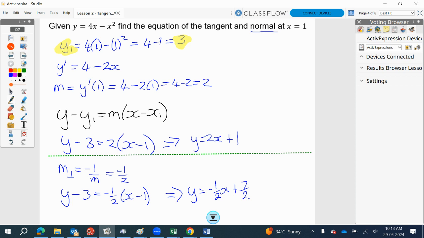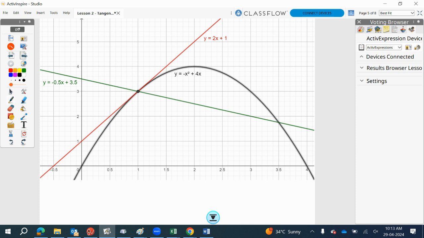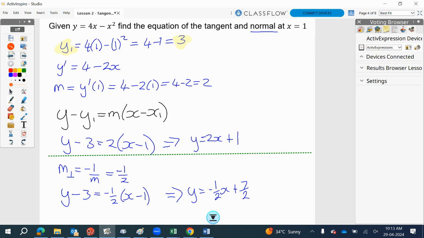This problem is solved graphically here. This is how it looks. We have the curve in black. The red line is our tangent. Here's our point at 1, comma 3.